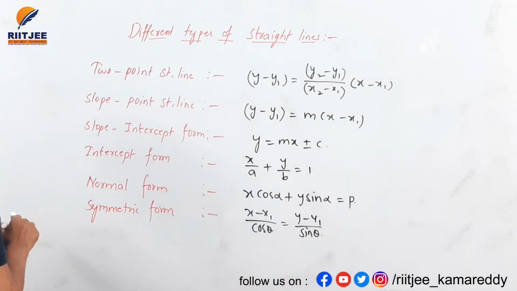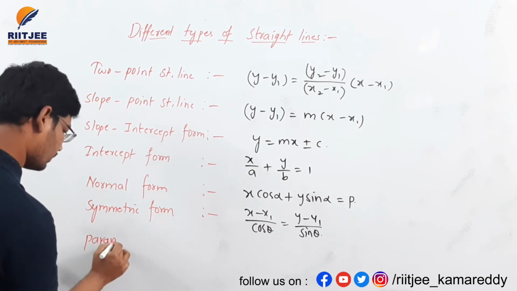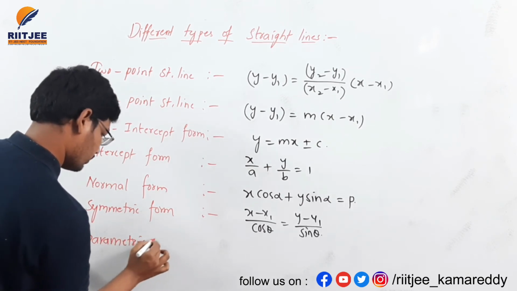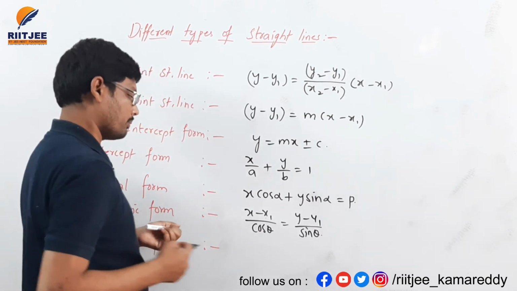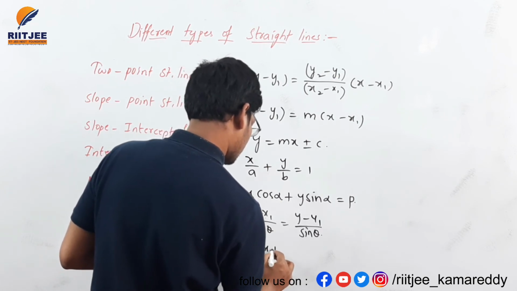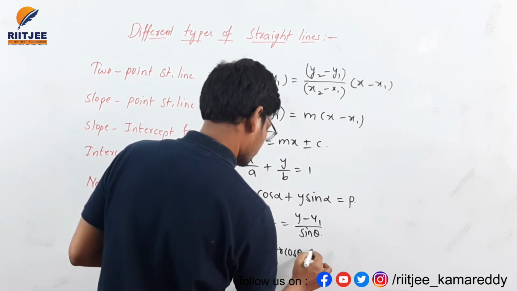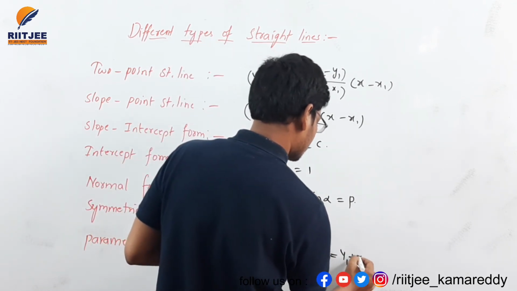And the final one is the parametric form: x is equal to x1 plus r cos theta and y is equal to y1 plus r sin theta.